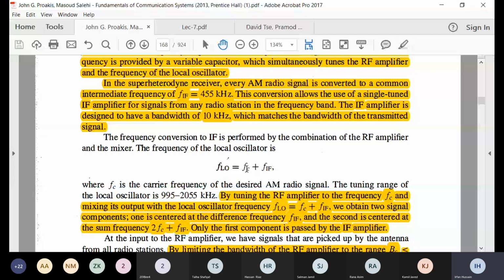So 1600 plus 455 comes out to 2055, and you can see 540 plus 455 comes out to be 995. So your local oscillator will be going from 995 to 2055 kilohertz.